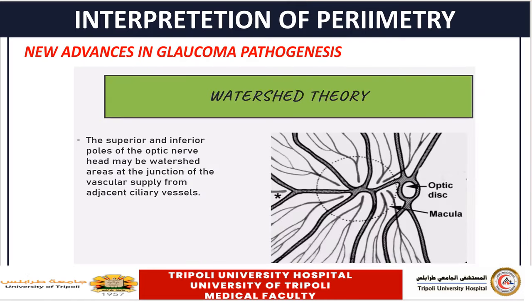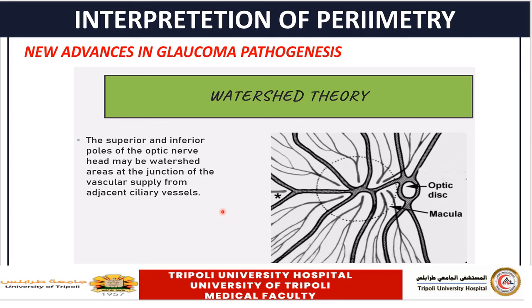As far as the theories behind the pathogenesis and etiology of glaucoma, we have discussed this in the lecture on the interpretation of OCT in glaucoma, that there are different theories: the mechanical theory, that's pressure dependent, the vascular theory, that's flow dependent, and also the genetic theory. A subdivision of the vascular theory is what's called the watershed theory.